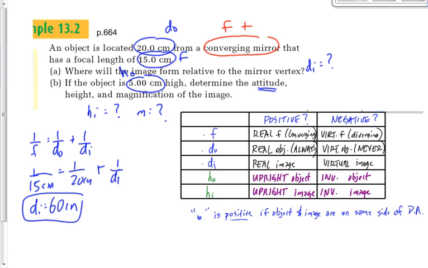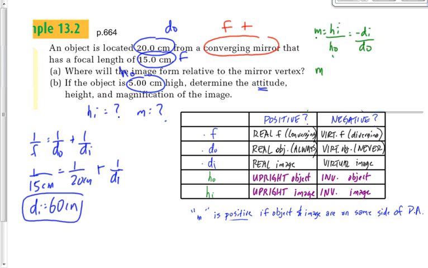What about the height and the magnification? Let's say the other equation, m is equal to hi over ho equals negative di over do. That negative, by the way, is really important. In order to maintain the integrity of the sign conventions, you've got to put a negative in there. Negative di over do. Now, I don't know what hi is. I don't know what m is, so this part of the equation isn't very useful.